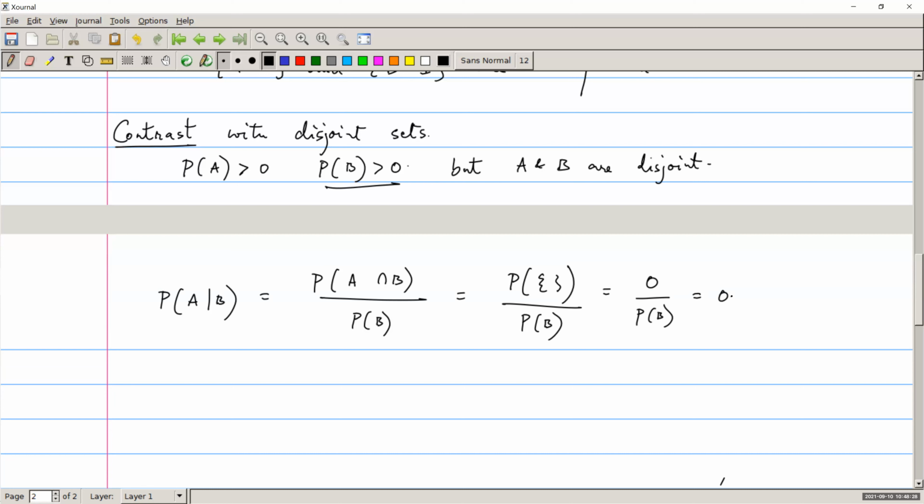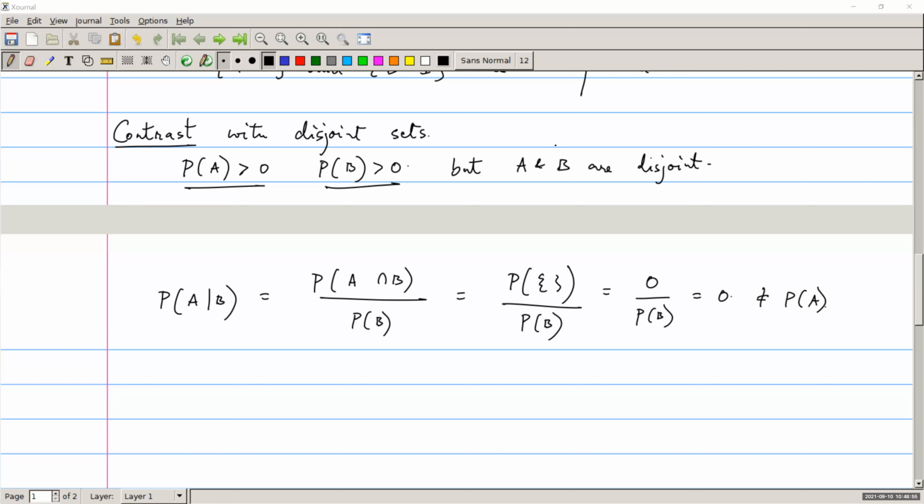And here, this is definitely not equal to the probability of A because the probability of A was also not 0. So if A and B are two possible events, meaning that they have probability that is not equal to 0, you most certainly know that if they are disjoint, they're not independent.